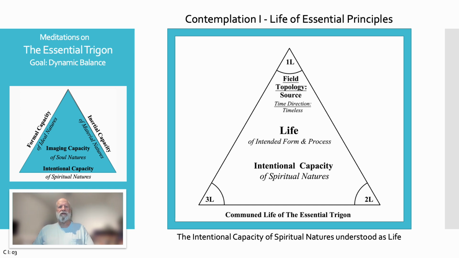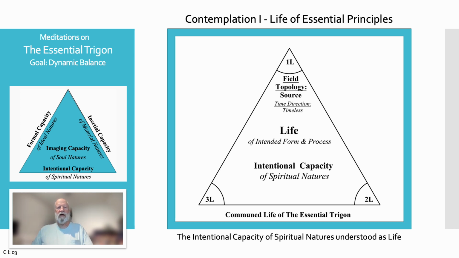The imaging capacity, shown as the inverted trigon in the subsequent slides, can be understood to represent the aggregate of all existential forms and processes within the bound field, as well as any individual instance of a human being or other form of sentient life.